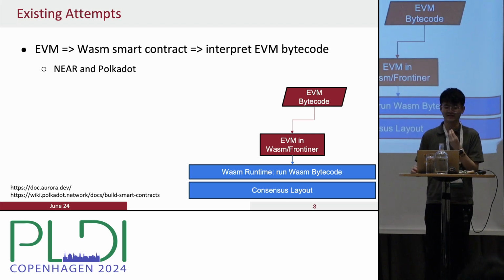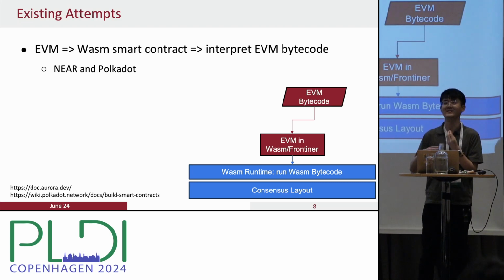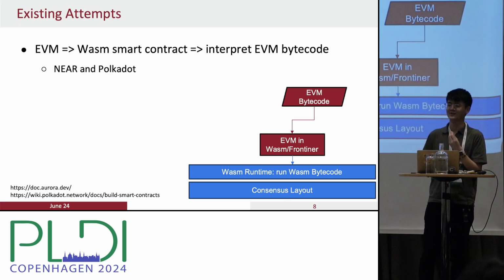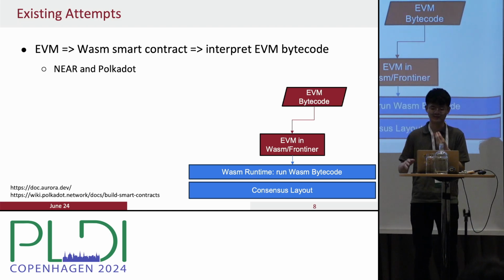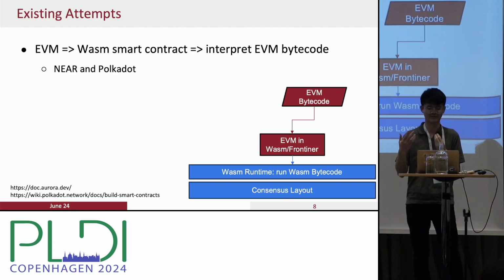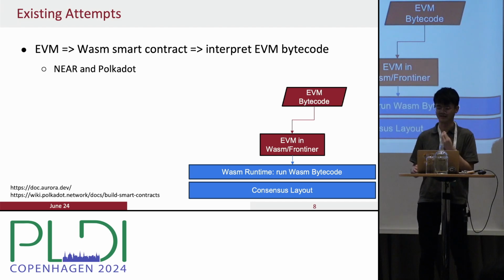For NEAR and Polkadot, these two blockchains want to compile the EVM to a WASM smart contract, and then use this smart contract to interpret other EVM bytecode on the WASM runtime. So there is a bridge between the EVM bytecode and the real execution virtual machine, so there must be some overhead there.